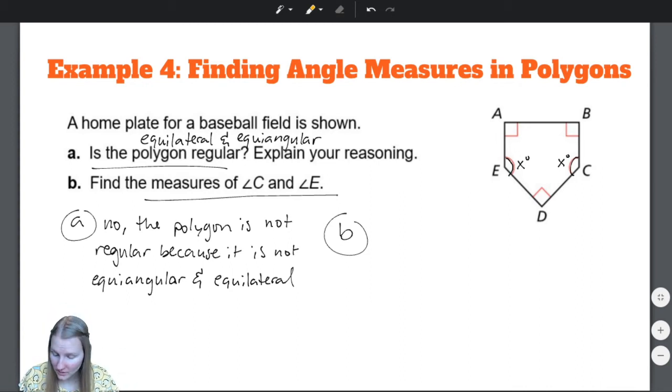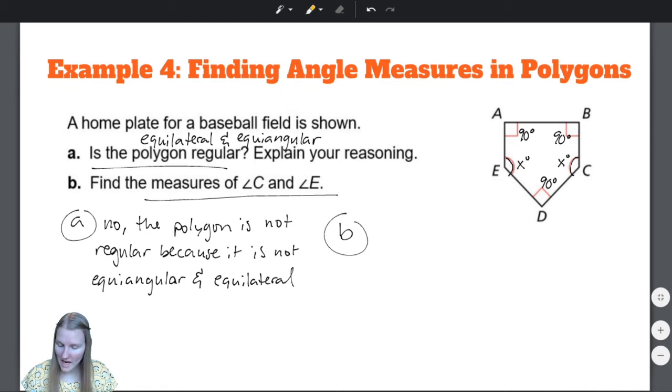Now all the rest of the angles we know are 90 degrees. We know because they have that red box in the corner that says it's a 90-degree angle. So, how many sides are in this shape? We have 1, 2, 3, 4, 5 sides to this shape.